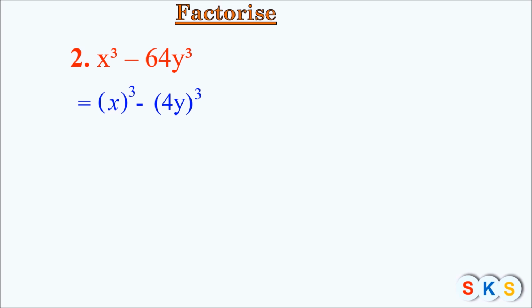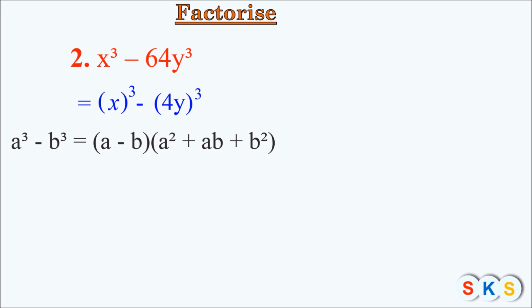So to factorize x the whole cube minus 4y the whole cube, we will use this formula: a cube minus b cube equals a minus b into a square plus ab plus b square.